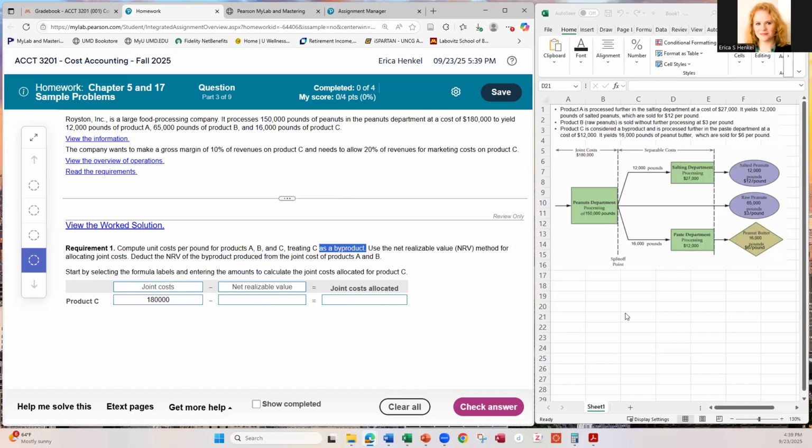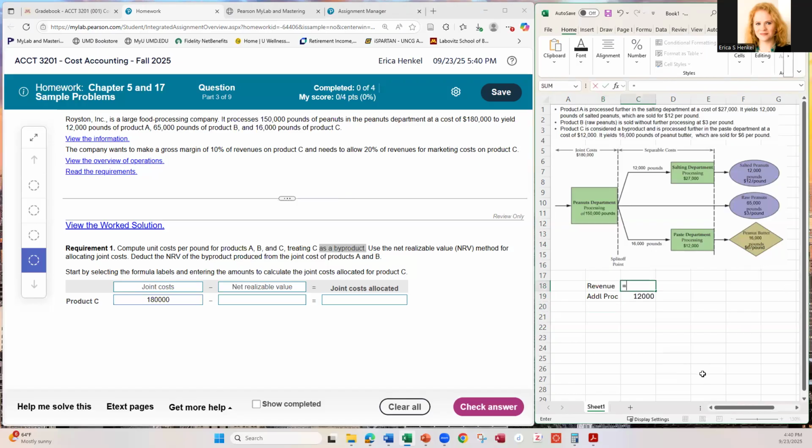All right. So in terms of the net realizable value, we need to calculate our revenue and then any other costs associated with that. It looks like we have additional processing of $12,000, and a sale price of $6 per pound.